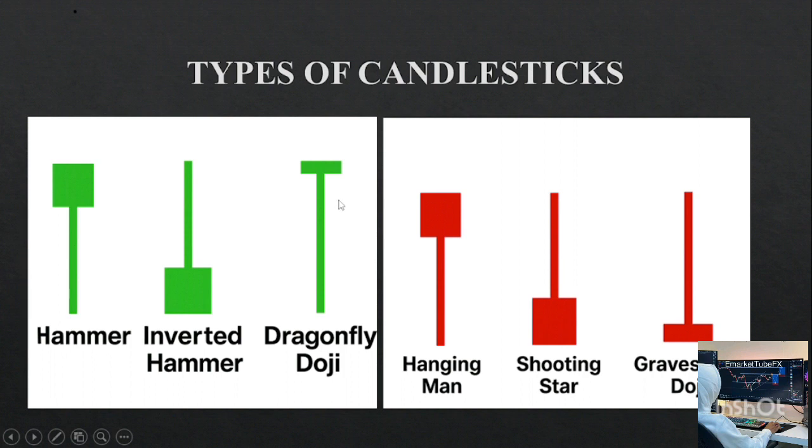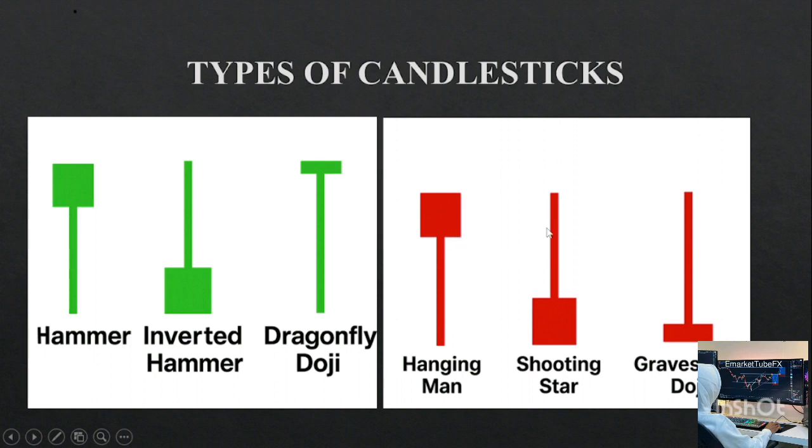At any given point in time, in all of them, you see a rejection, and this is the rejection that we are talking about. This wick represents a rejection. Rejection of what? The sell move. Buyers coming in strong to buy at this point, but they weren't able to overpower the sell momentum, and the price closed here.